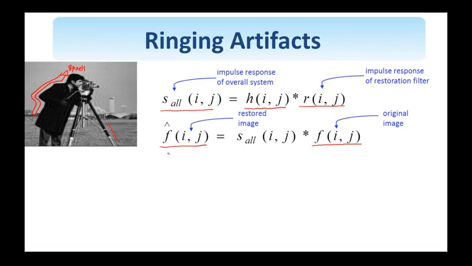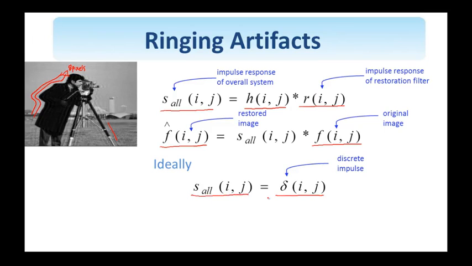So if things were ideal, then H should be the convolutional inverse of R, and therefore S-all should be just a delta. If we take this to the frequency domain, then S-all(u,v) should be equal to 1. So the ringing artifacts are due to the fact that there are deviations from the delta, as we'll see in a simple example next.